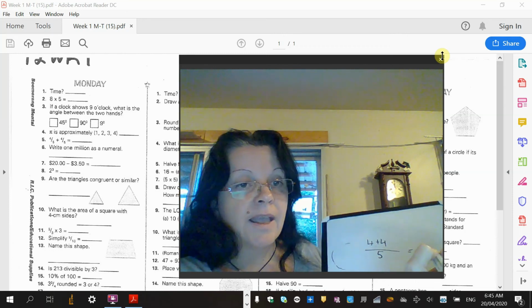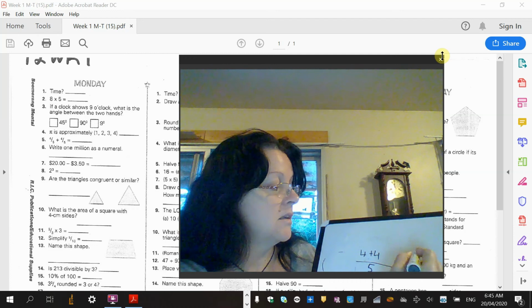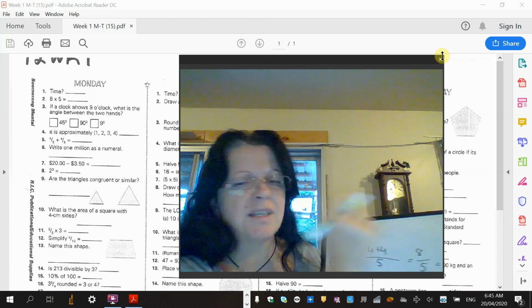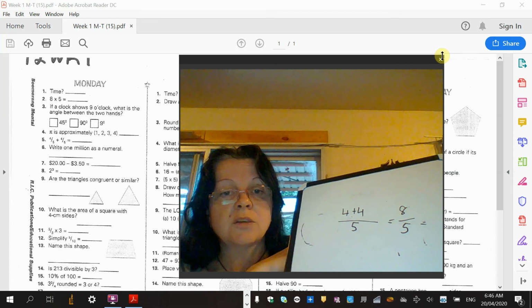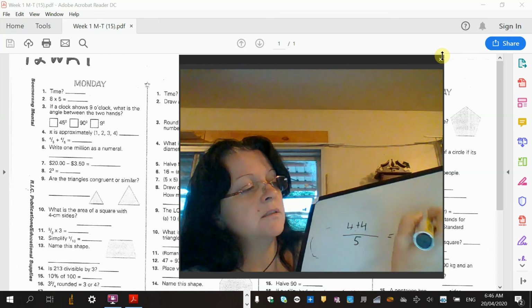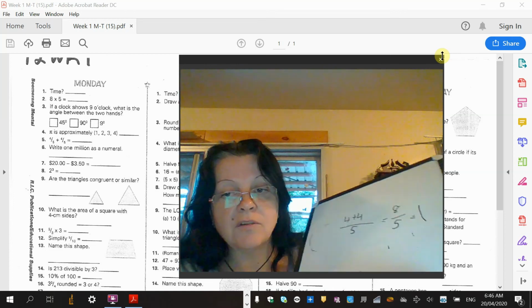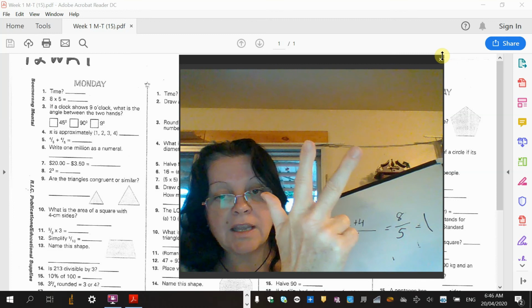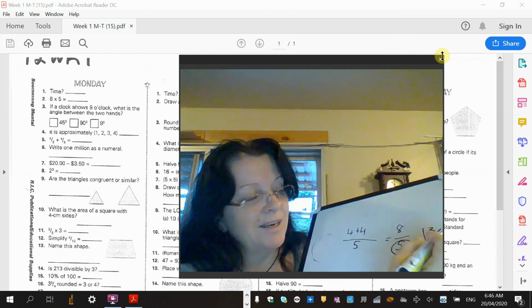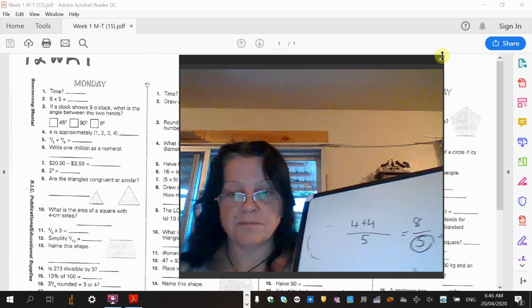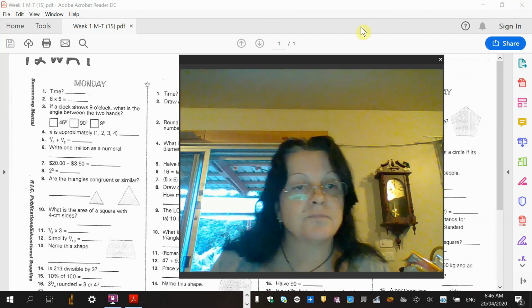So 4 and 4 is 8, and we put that over 5, but that's not right. That's an improper fraction. The number at the top is way too big. So we say, how many 5s in 8? That's 1. How many left over? 5, 6, 7, 8, 3. And of course we use the same denominator, 1 and 3/5. So that's our answer there.